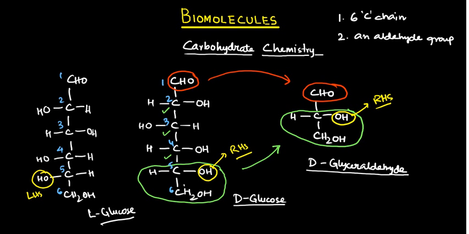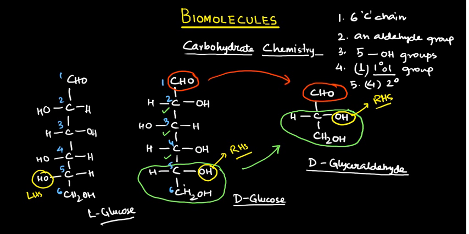Next, third thing, it has 5 alcoholic OH groups. Now, out of those 5 alcoholic OH groups, one is a primary alcoholic OH and 4 are secondary alcoholic OH groups, right? So this is all about the structure.